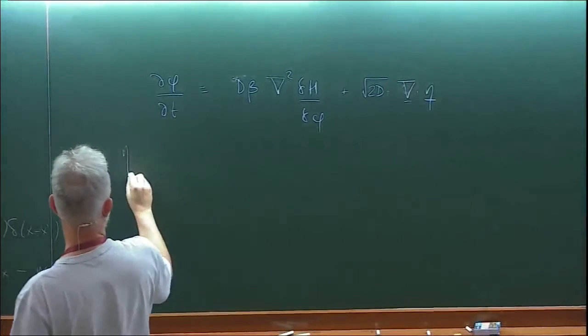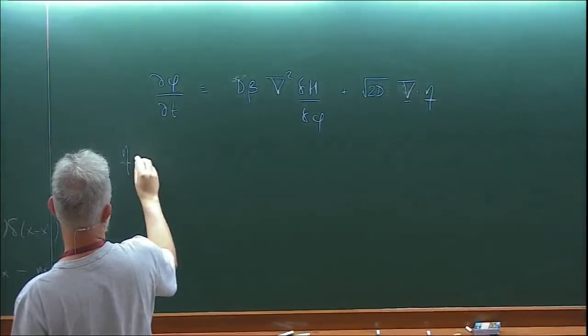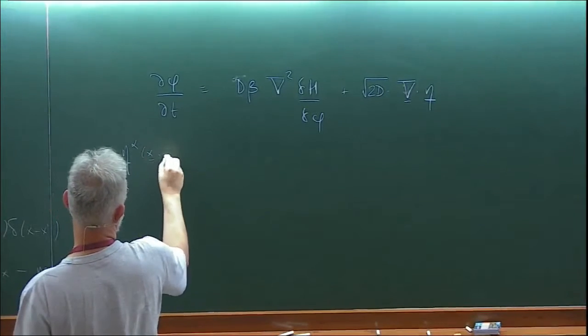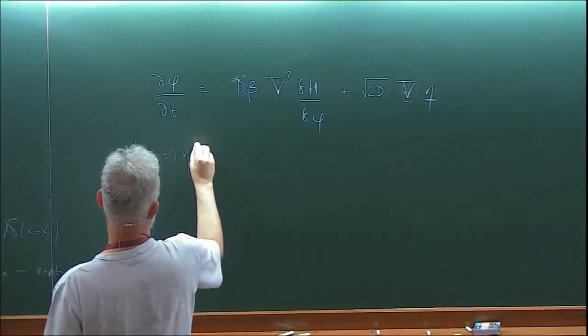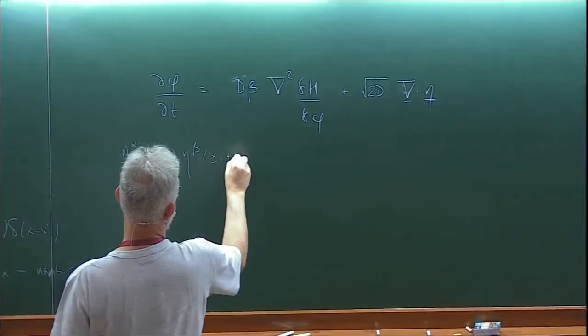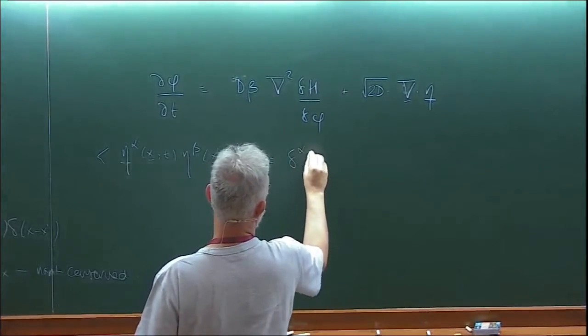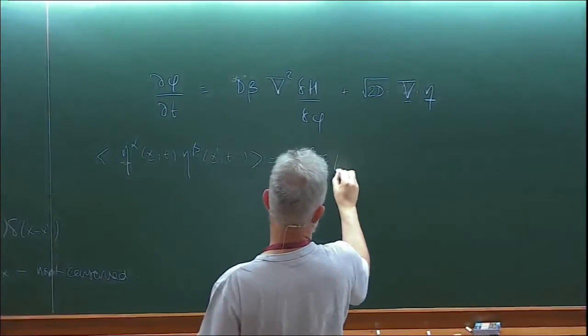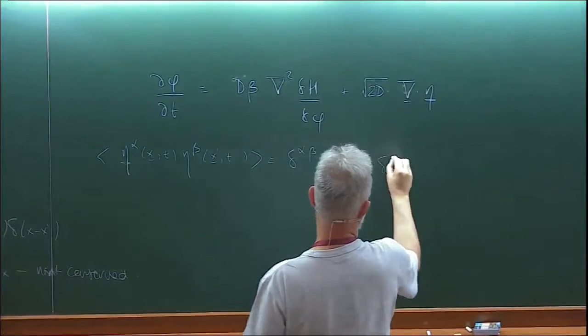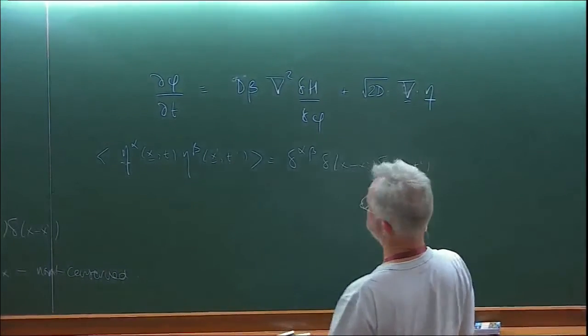So here you introduce a vector noise field such that the average of eta alpha of x, t and eta beta of x prime, t prime is equal to delta of alpha beta, delta of x minus x prime, delta of t minus t prime.